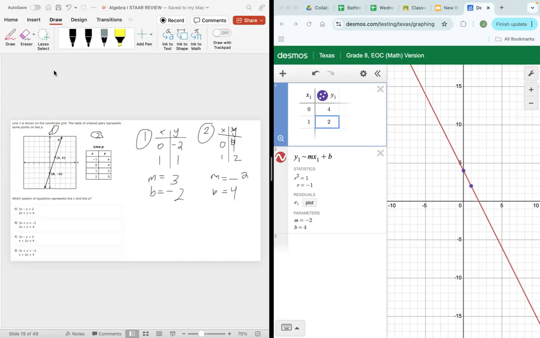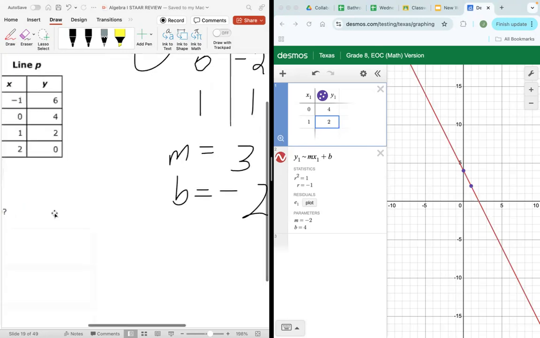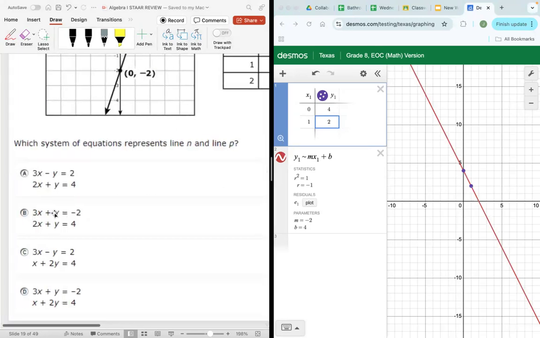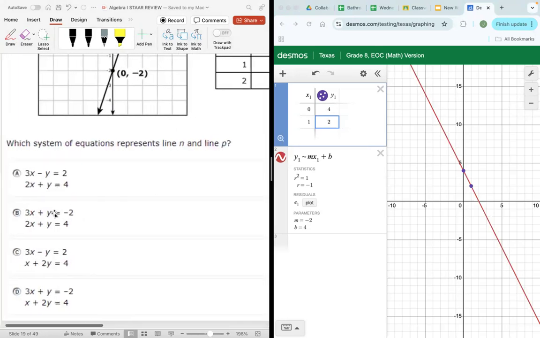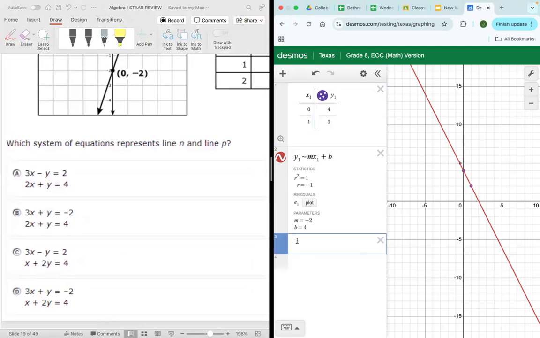With this information, we are now going to use our answer choices to kind of help us go from here. Let me zoom in here a little bit more. Okay, so now we're going to use our answer choices to help us. I know that my formula is -a over b x plus c over b.